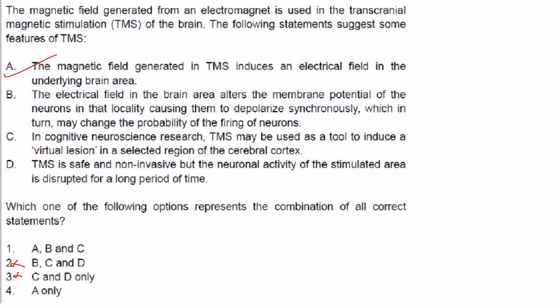Okay. So in this TMS, you have the magnetic field and it induces the electric field in the brain. And because of this electric field, the neurons in that targeted area will change their membrane potentials in accordance with the electric field, and this will result in their depolarization synchronously in that particular area.